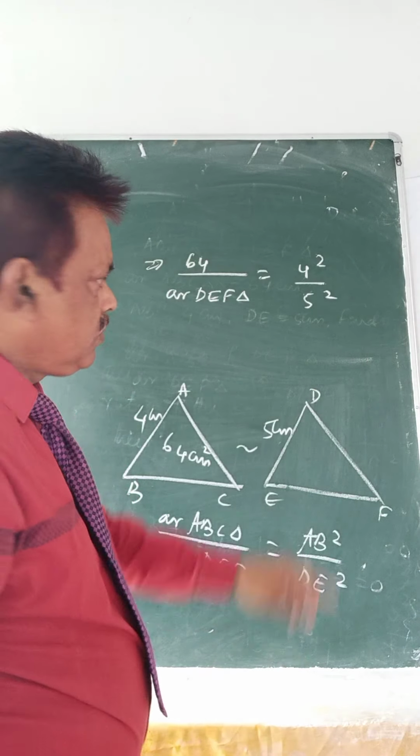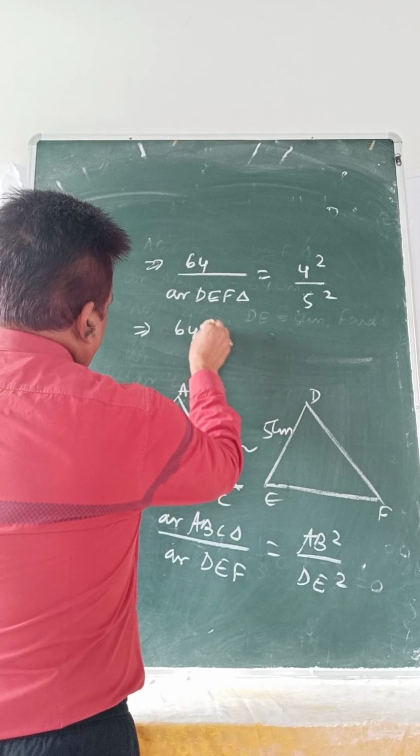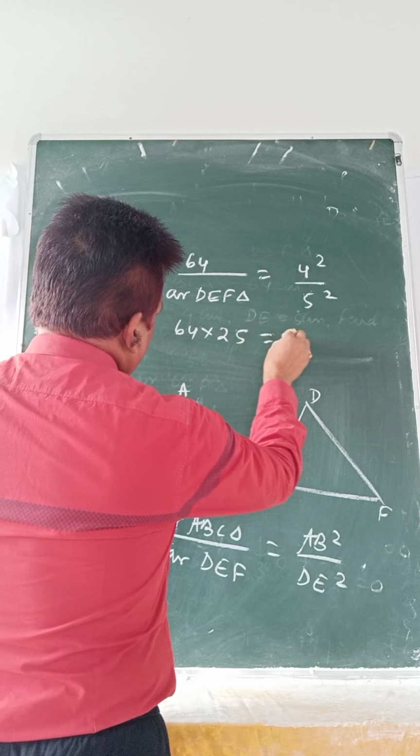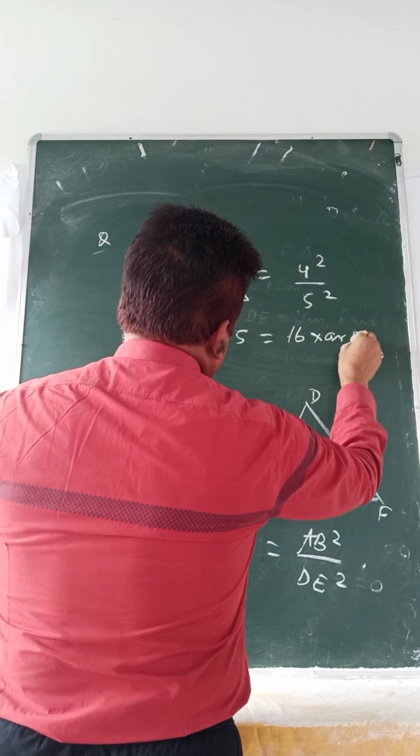Do cross multiplication. 64 into 25 equals 16 into area of DEF.